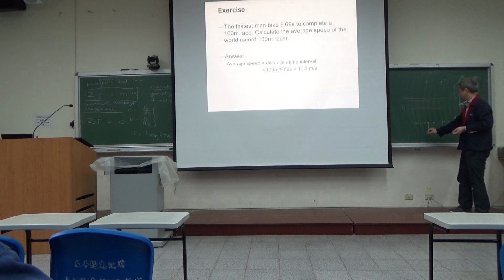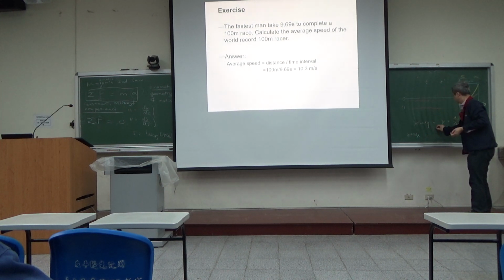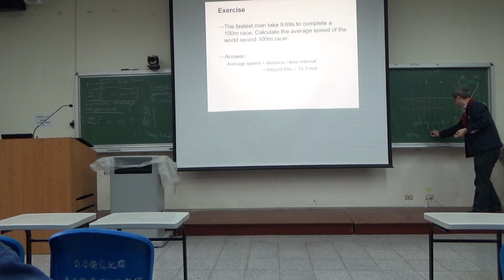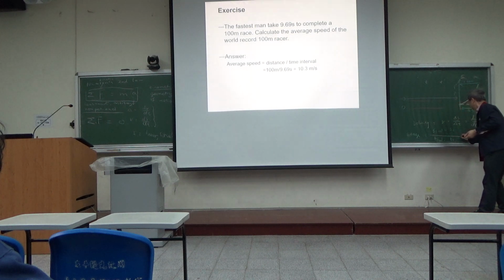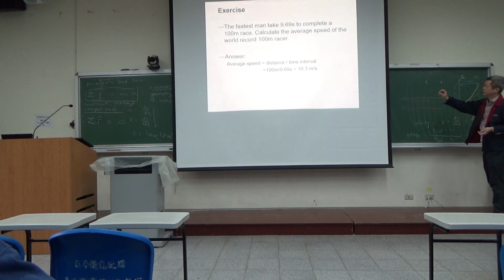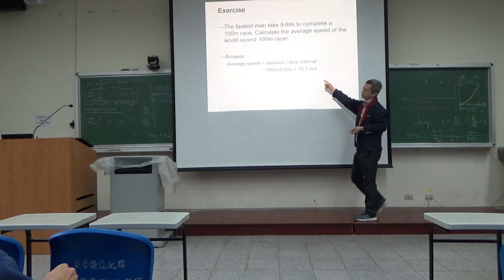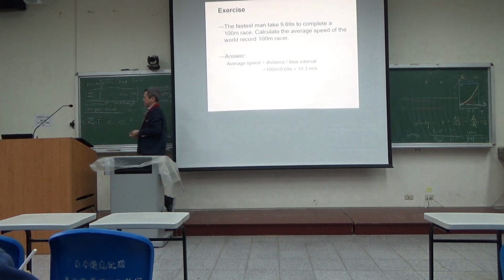The average is the one that takes the final distance minus the starting distance divided by the final time minus the starting time. In this case, distance traveled by this fastest man is 100 meters in the race, and it takes 9.69 seconds. In that way, you manage to calculate the average speed.